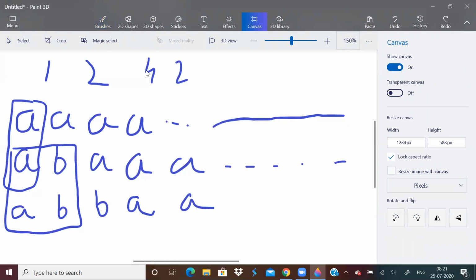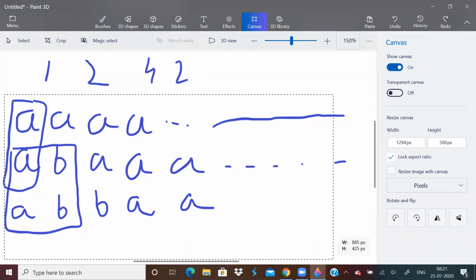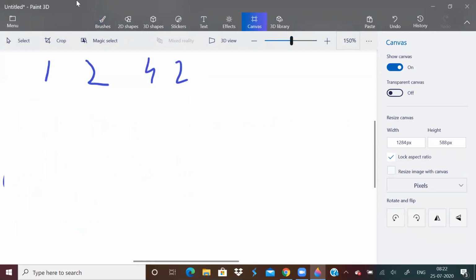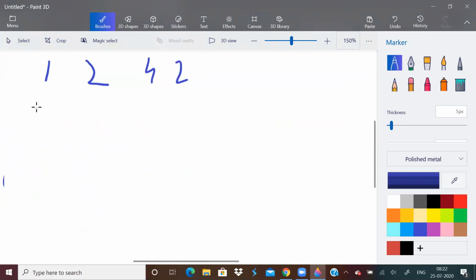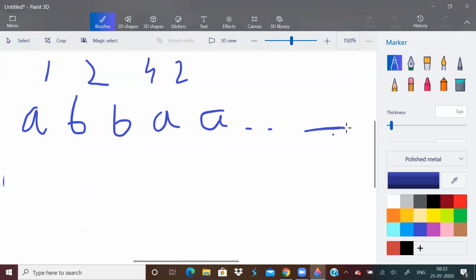So let me erase and do it for the remaining cases. We were at the third string. The third string was this, and so on. Now between the third string and the fourth string, the longest common prefix is 4.